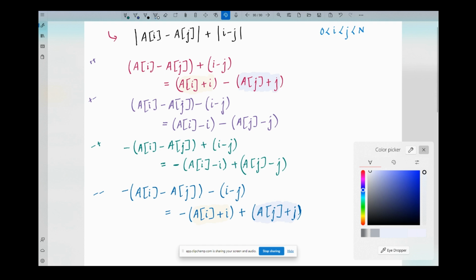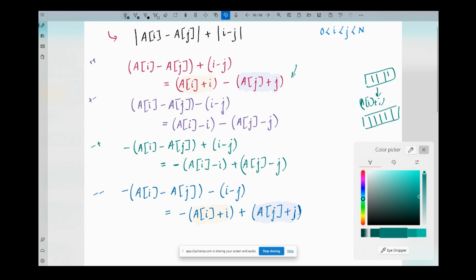If you had some array and you calculated a of i plus i value for all of these, let's say that we had put it in another array, right? If you had that value, you could have easily computed this expression.